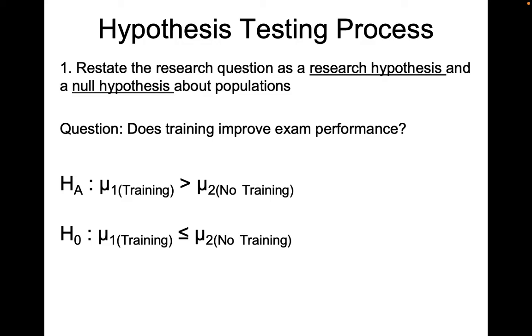Now, something that I want to point out is that in the textbook, they have you stating the null hypothesis as mu1 equal to mu2. Please don't follow what the textbook does here. They kind of start you off doing that, and it's a little bit imprecise. There's a reason that they do it, but please follow the model that I'm showing you here, which is to state the null as the direct opposite of the research hypothesis.